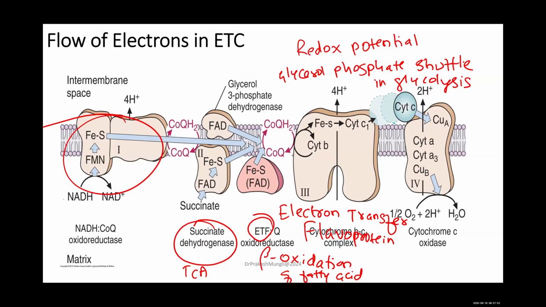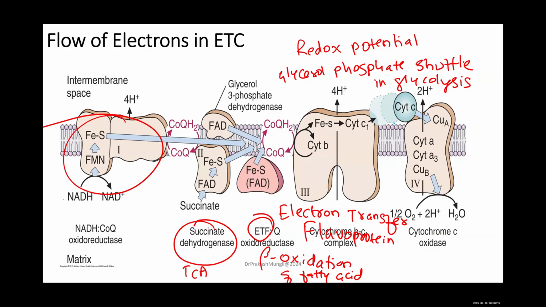It has FMN. What is FMN? Flavin mononucleotide. Fe is iron, S is sulfur, an iron-sulfur cluster. So complex 1 has FMN and an iron-sulfur cluster, and it receives electrons and protons from NADH, and then gives them to coenzyme Q, right?